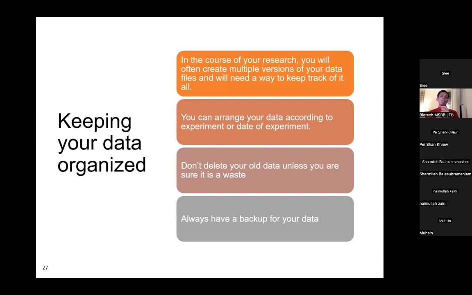Previously, when I did my study for my PhD, I had a lot of data because I kept on running experiments, multiple types of experiments. This week I'm doing maybe one kind of experiment, the following week a different kind of experiment, and I'm collecting data.